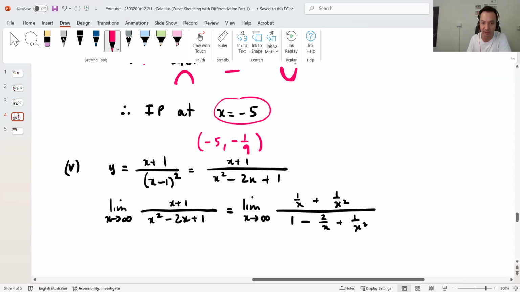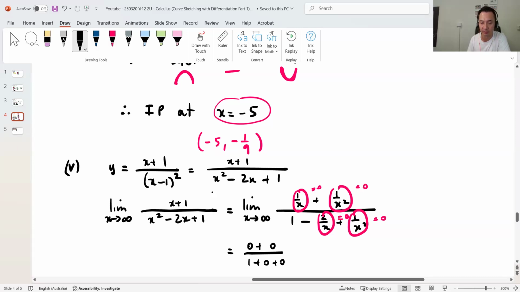The theory is, each one of these that has a fraction of x, when x goes to infinity, they all go to 0. So your answer is going to be 0 plus 0 on top and 1 plus 0 plus 0, which is 0. Yep, and that's my limit.